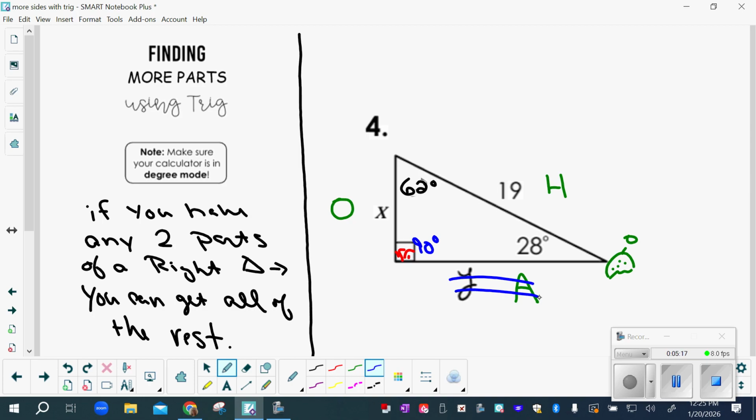So we're not using X? No, because we're going to start just by finding X. Okay. Right? So I got X and Y to look for. I don't want to do both at the same time, so I'm just going to ignore the Y for now. Is that cool? Everybody cool with that? Yeah. So here we go. We're going to use it from SOHCAHTOA's point of view. Real quick, write SOHCAHTOA on the top of your desk if you don't have it.